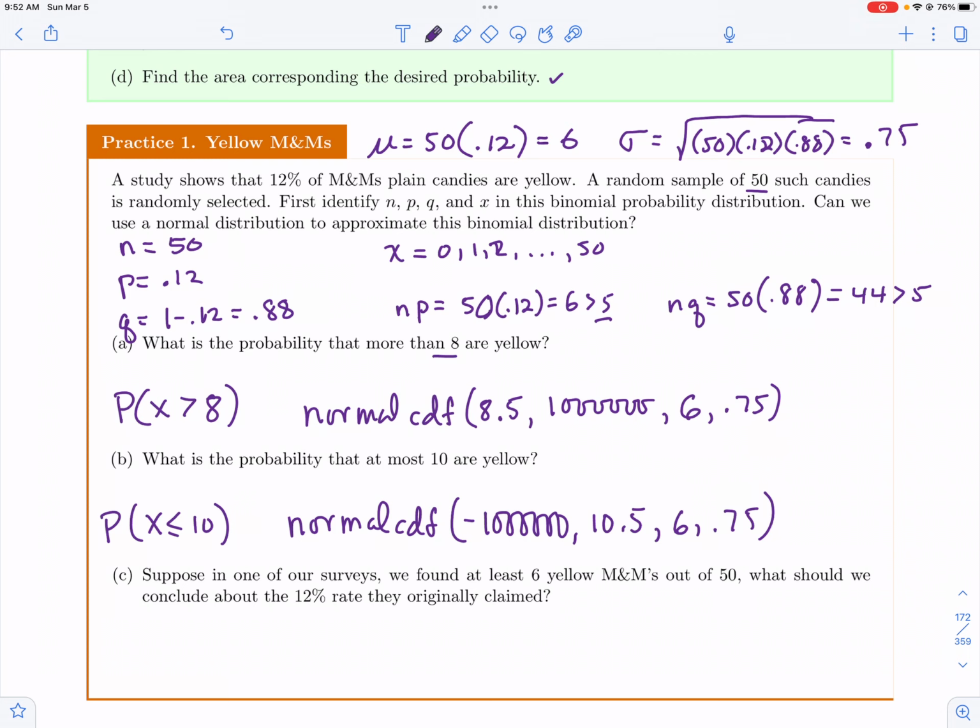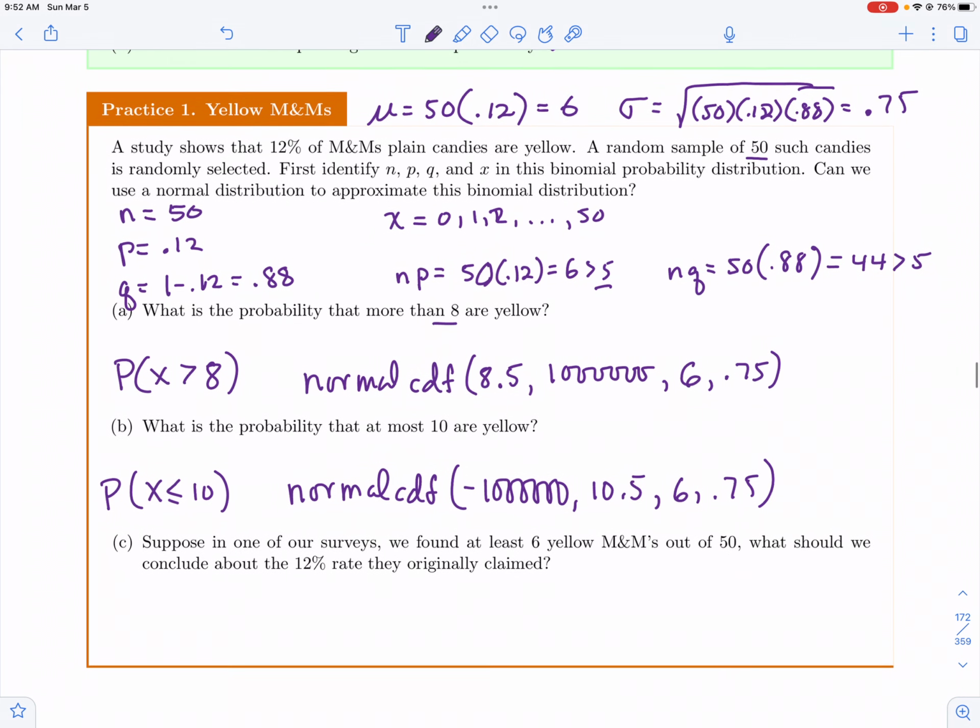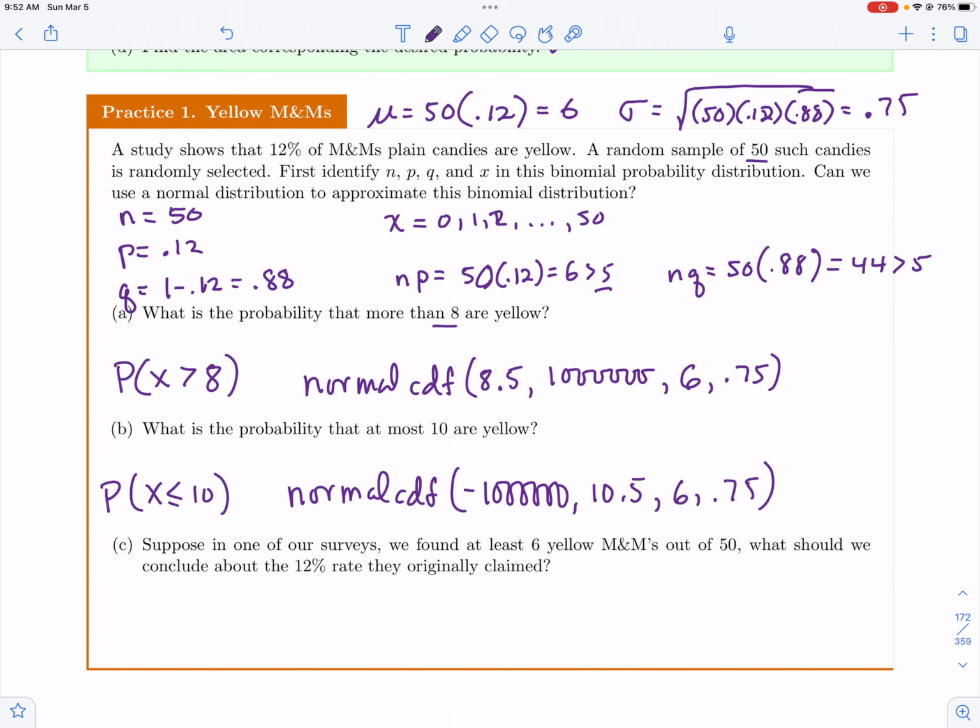All right, so for C, suppose in one of our surveys we found at least 6 yellow M&Ms out of 50. What should we conclude about the 12% rate that they originally claimed? All right, so let's take a look here at what we've got. We're looking at the probability that X is at least 6, so 6 or more.